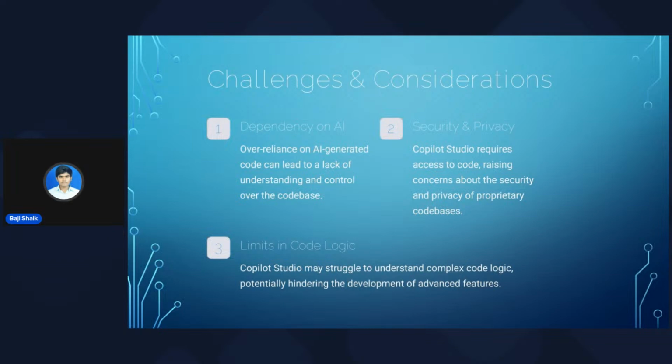As we know, many of us are relying on these types of AI-generated bots. So over-reliance on AI-generated code can lead to a lack of understanding and control over the code base.